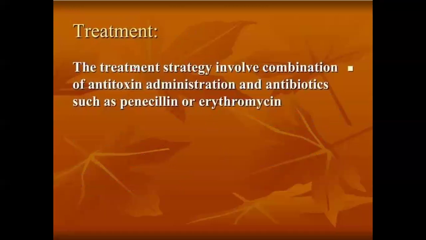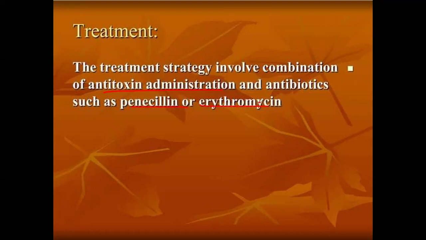The treatment strategy involves a combination of antitoxin administration and antibiotics such as penicillin or erythromycin. Antitoxin administration is more of prevention rather than treatment, but once you get Corynebacteria, you use penicillin or erythromycin.